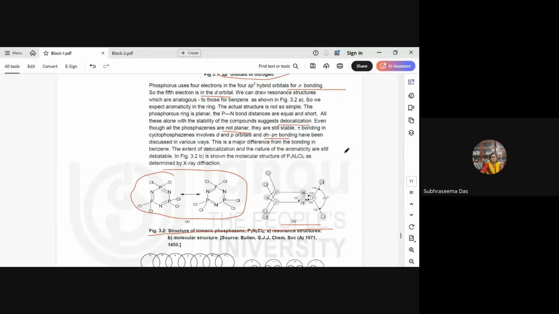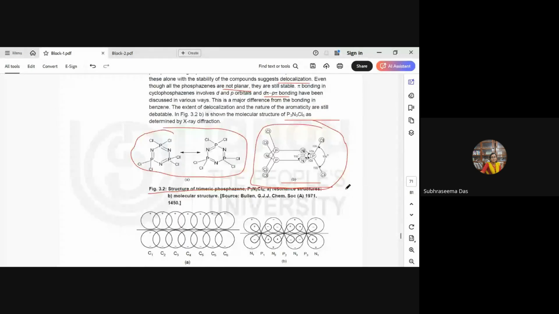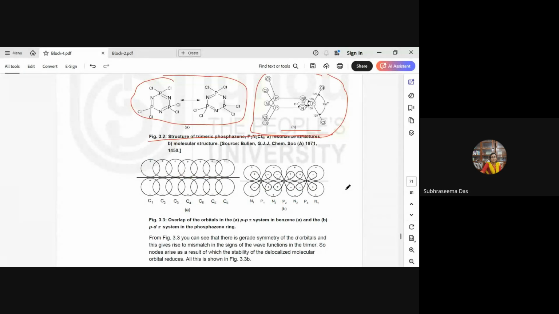The extent of delocalization and the nature of the aromaticity are still debatable. From 3.2b, we can see the actual structure of P3N3Cl6, and this is also a huge topic of research to understand the structure of phosphazenes.